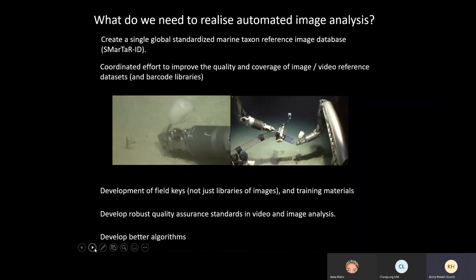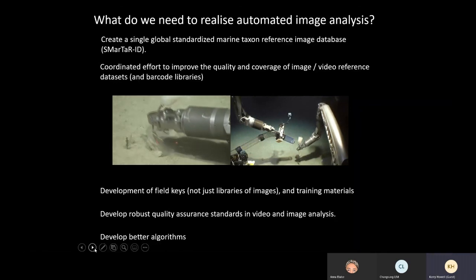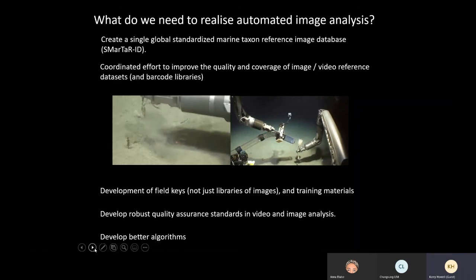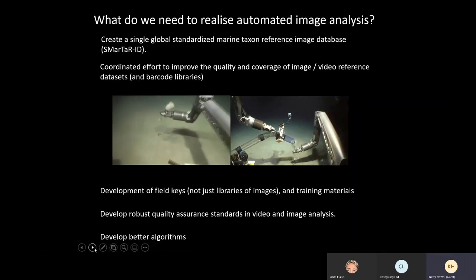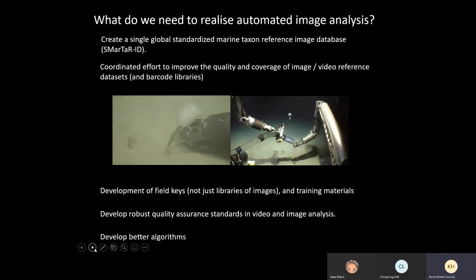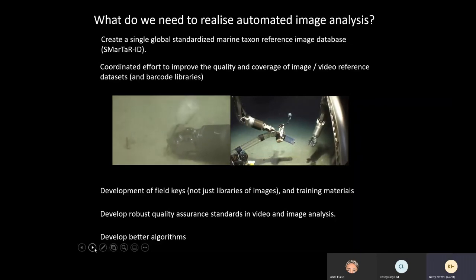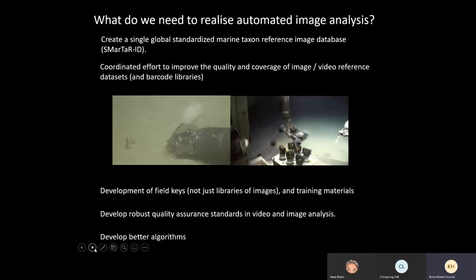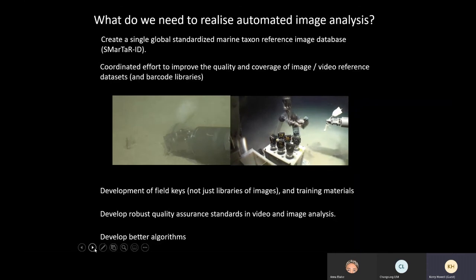We also need to develop field keys, not just libraries of images. A library of images is great, but actually we need real field keys, dichotomous keys like your traditional taxonomic key, but built specifically to work with visual imagery. And then we also need training materials for people coming into this field to have some kind of training in the identification of animals from imagery.